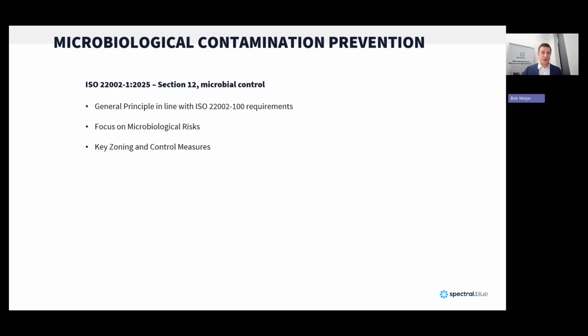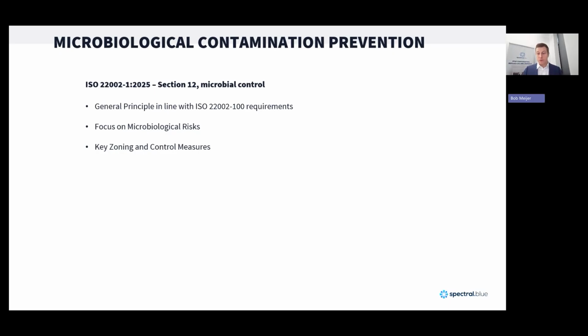Then looking into section 12, microbial control and microbiological contamination prevention. Organizations must apply contamination control measures in line with the ISO 22002 TS100 requirements. Areas with potential for airborne or contact-based microbial contamination must be identified and managed through effective zoning strategies.